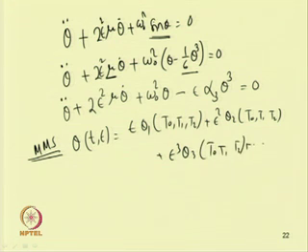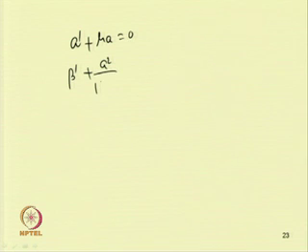So, by writing this and following the standard procedure of the method of multiple scales, we can obtain the reduced equation in this form, that is a dash plus mu a equal to 0. This is the first equation one can obtain, and the second equation is beta dash plus a square by 16 omega 0 equal to 0.